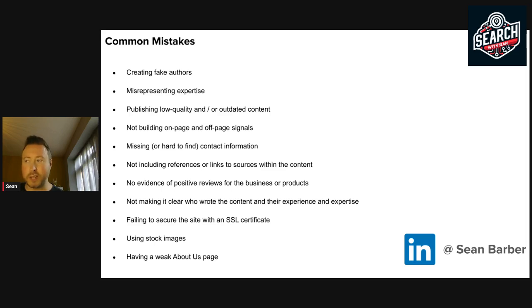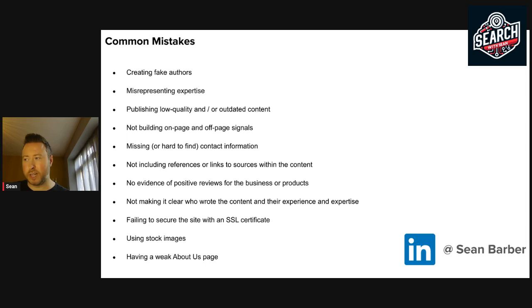So creating fake authors, misrepresenting expertise, publishing low quality or outdated content. And again, this is especially outdated stuff. It's very hard if you've got a large website to keep on top of that. But obviously it can lead, especially if it's in your money, your life, it can lead to issues. So try and keep on top of that if possible.